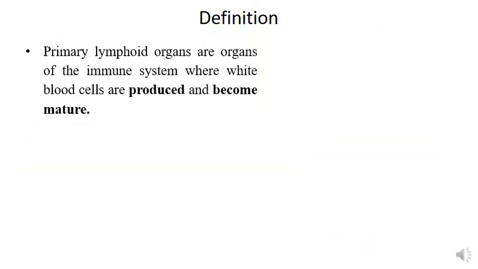What are the primary lymphoid organs by definition? The primary lymphoid organs are organs of the immune system where white blood cells are produced, and where they become mature.